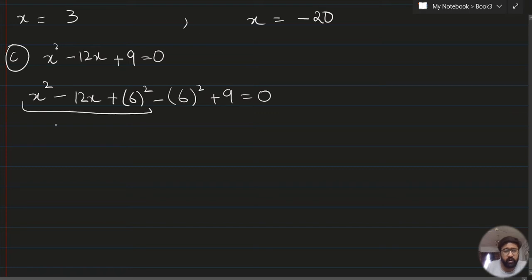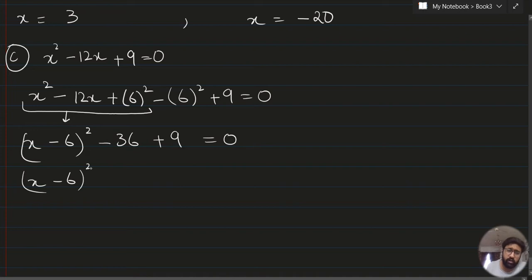The first three are going to make the question easier for you. So it is going to become x minus 6 whole square minus 36 plus 9 is equal to 0. So from here, x minus 6 whole square is equal to 36 minus 9. That is going to give you 27.